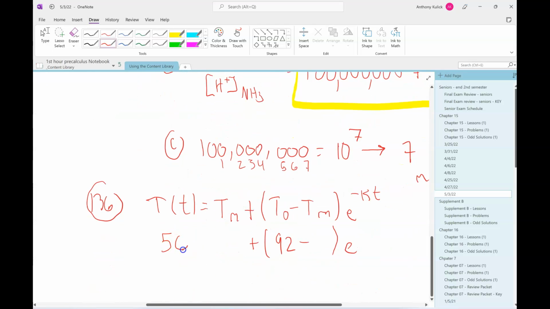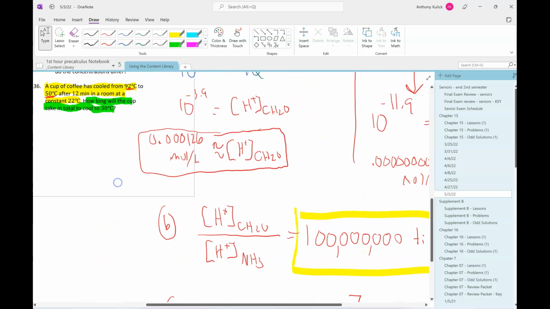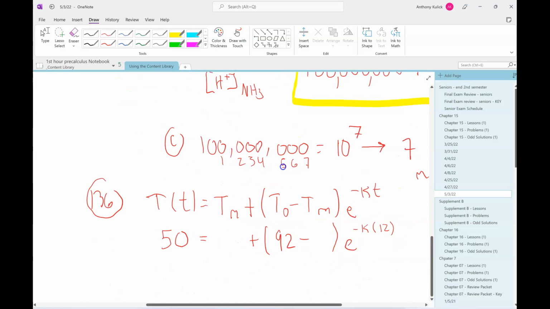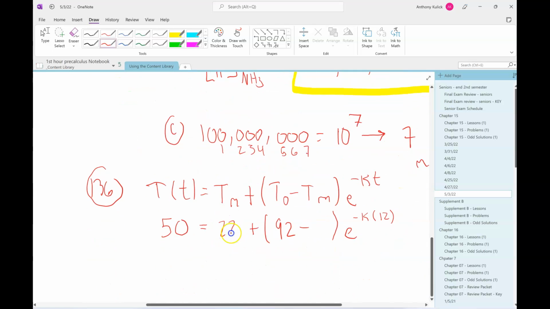So that's this value. And obviously the 12 is the lowercase t. Everybody's okay? So we put that somewhere. And then that means the 22 degrees must be the Tm, right? So far, so good? Okay.